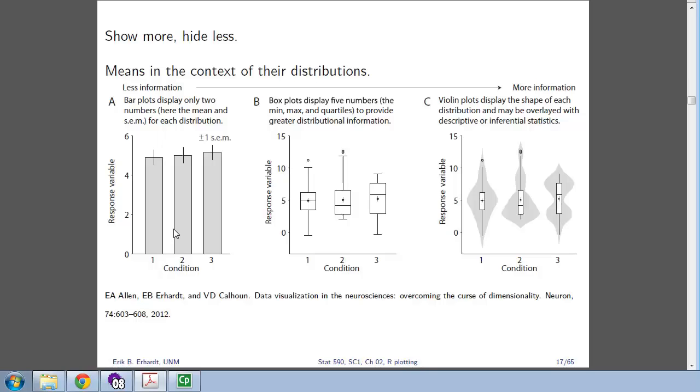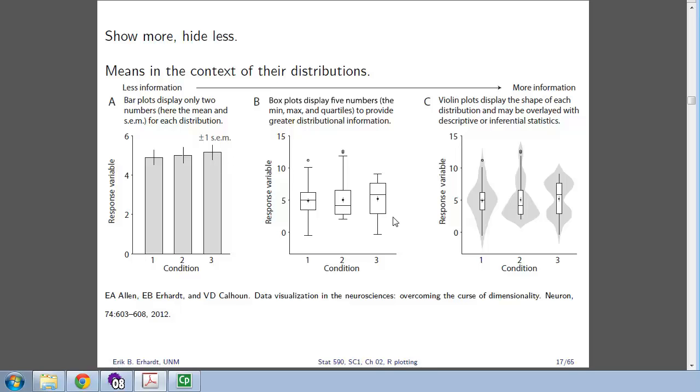You take, say, 3 conditions, you observe, say, 50 observations with each condition, you calculate the means, and make a bar plot, put a standard error bar on there, you're done. You might show the result of a hypothesis test at this point. So it turns out in this case, these 3 basically have the same mean. Okay, end of story.